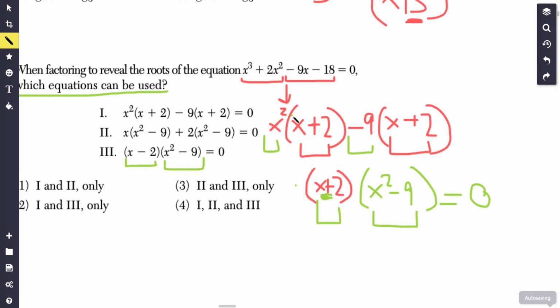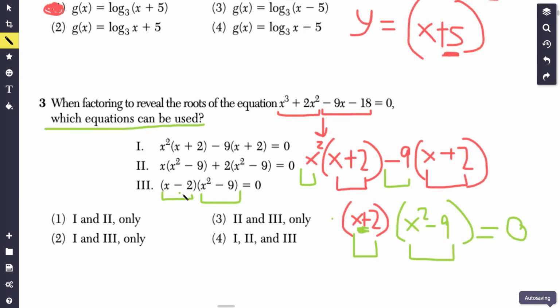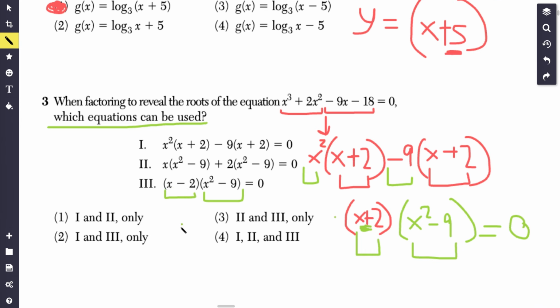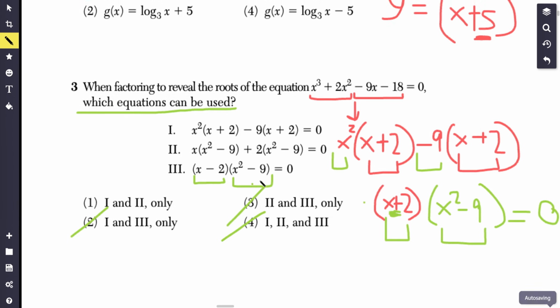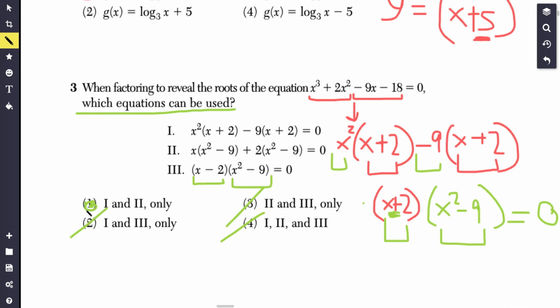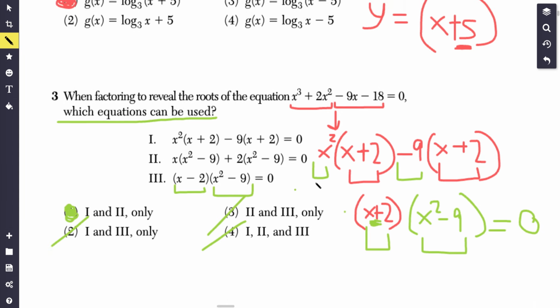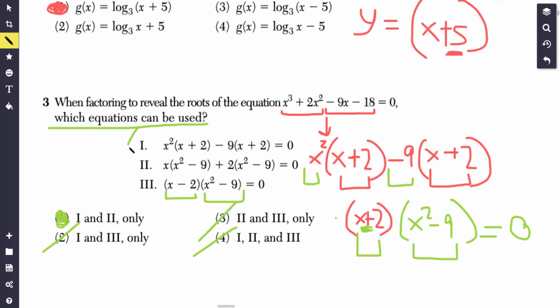We did our factoring, got down to this conclusion, and now we're just checking the answer. The minus sign doesn't match up with the plus sign that we got. So any answer choice that contains 3 is going to be wrong. So we're down to the only options, which are 1 and 2. 1 is correct. It literally matches up with what we have here.